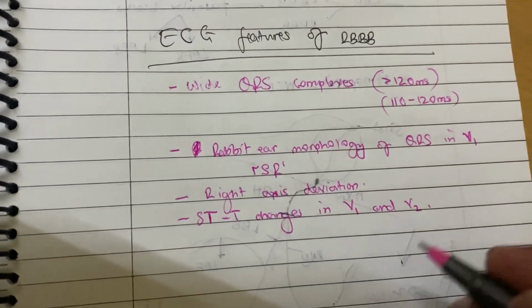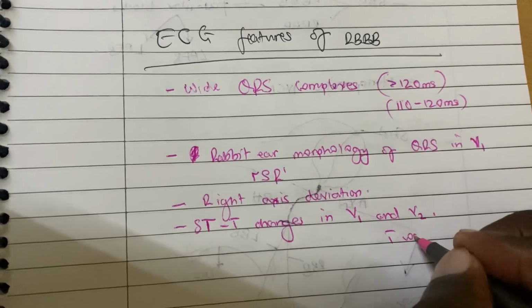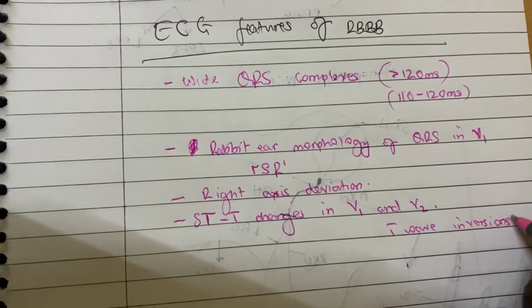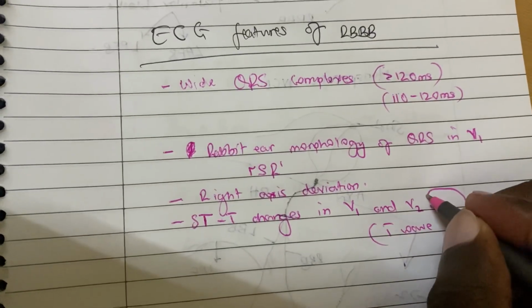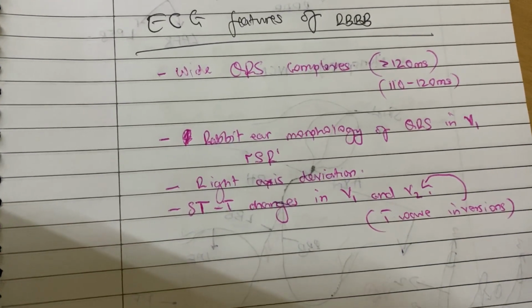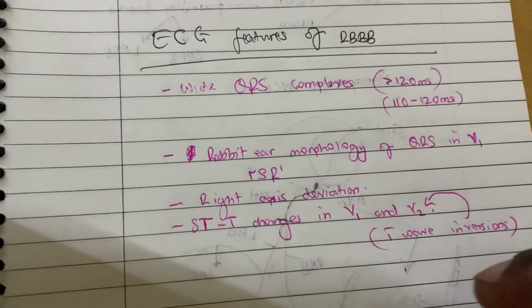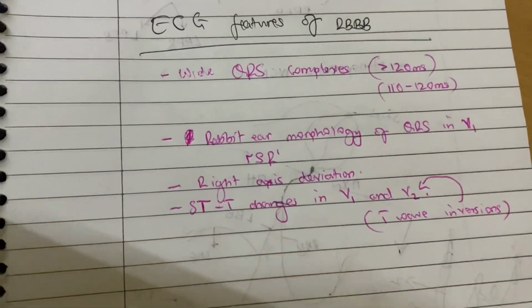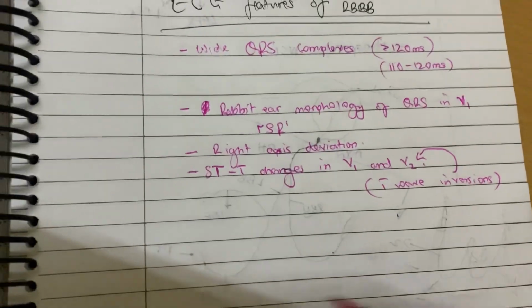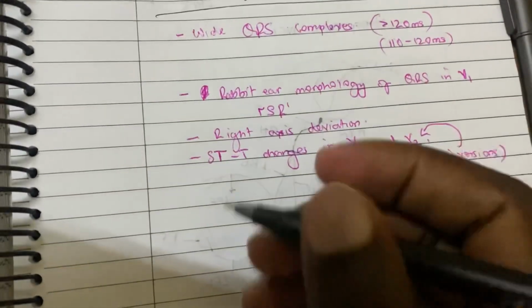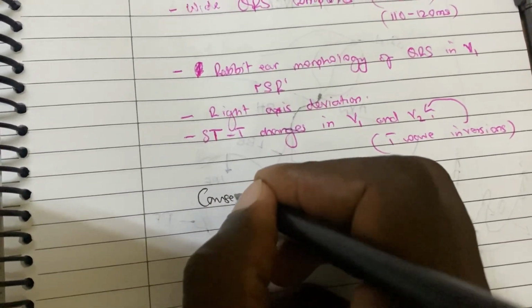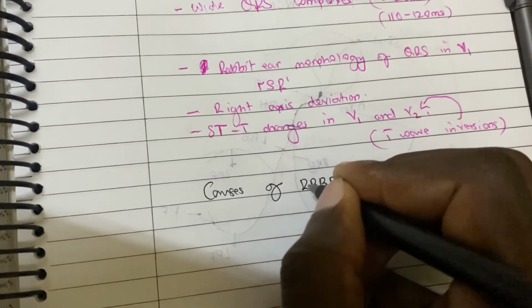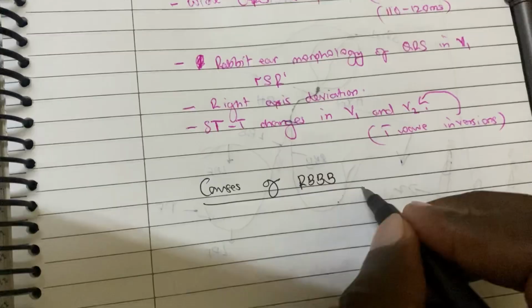So what are ST-T changes? That is T wave inversions in these leads. Yes, that one. So causes of RBBB. Causes of right bundle branch block.